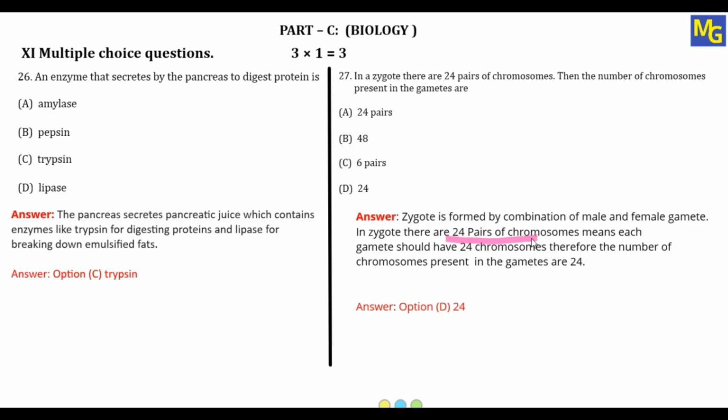Therefore your answer should be D, that is 24, because A is 24 pairs, and B is 48. So our correct answer is option D. So write down answer option D, it is 24. We'll move to the next question.